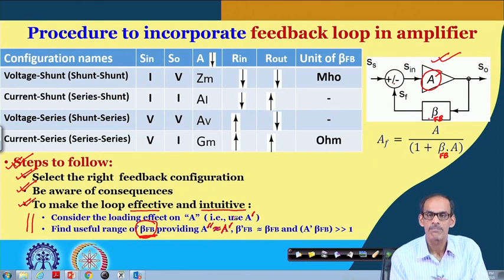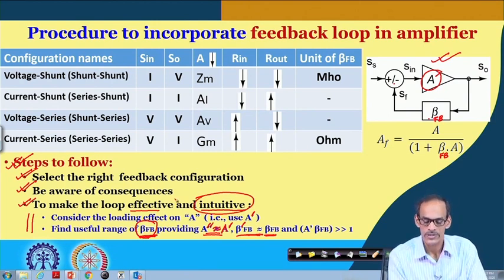A dash is the external load affected gain, and also beta f b dash should be approximately equal to beta f b. And if we follow this appropriate range of beta f b to satisfy these two conditions, then you can intuitively say what kind of changes are going to happen in the circuit.